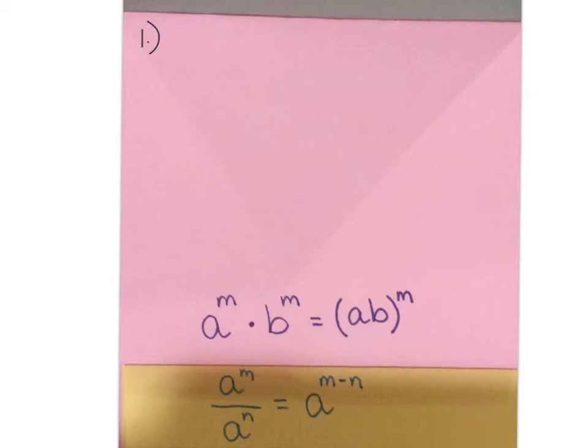Okay, so here's the second law, and here's what this would look like. As we have problems like 10 to the 4th times 6 to the 4th, we would multiply the bases and keep the exponent, so we'd get 6 times 10, which is 60 to the 4th.